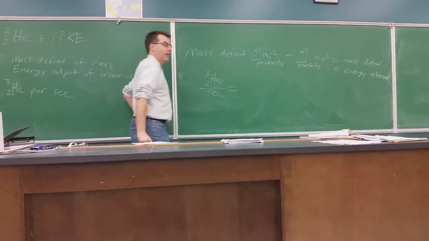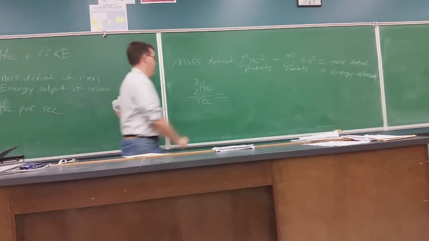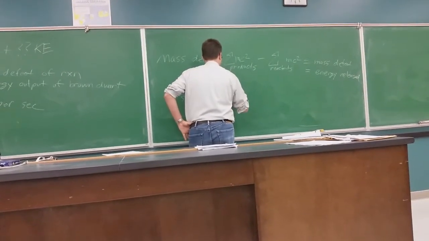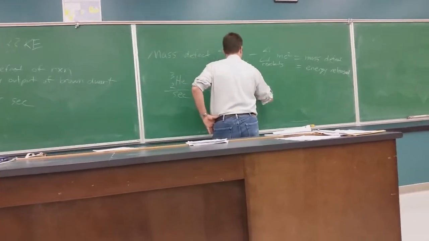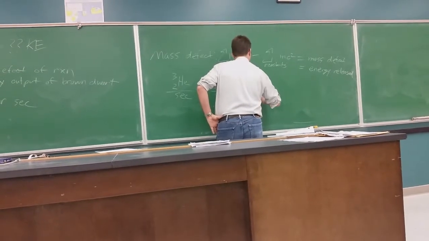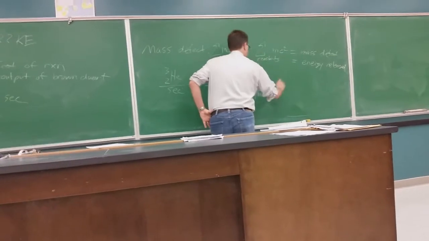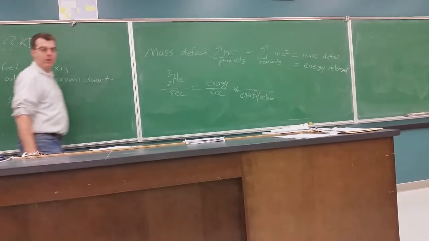You divide the energy output of the brown dwarf by the energy released per reaction. Something like that would be totally fair game.